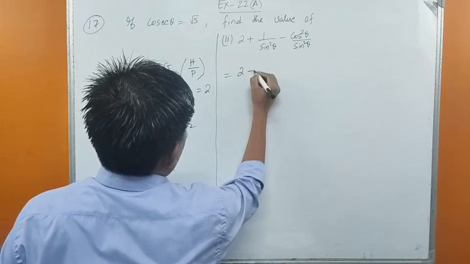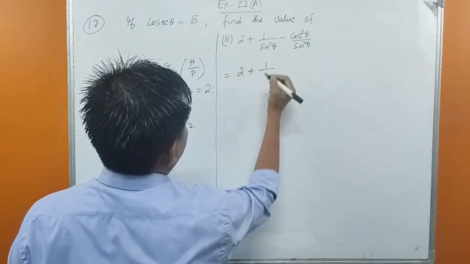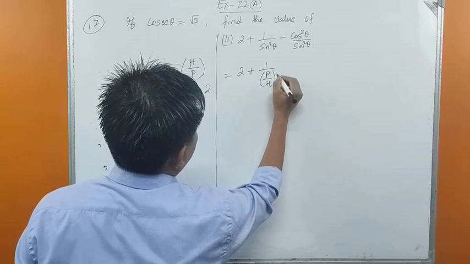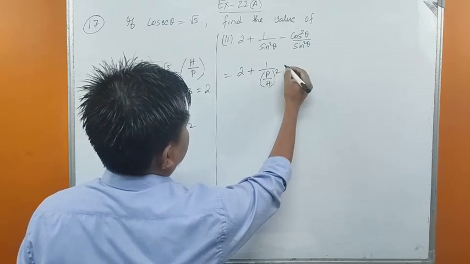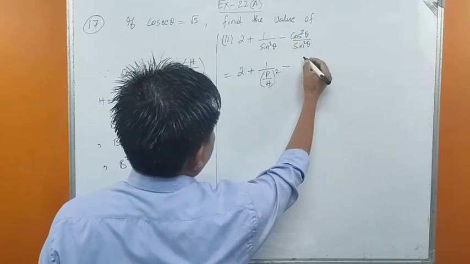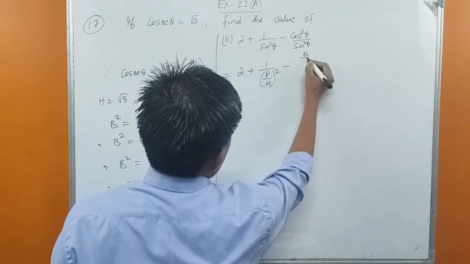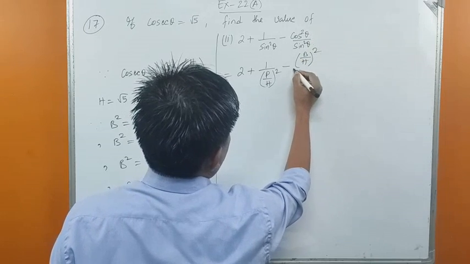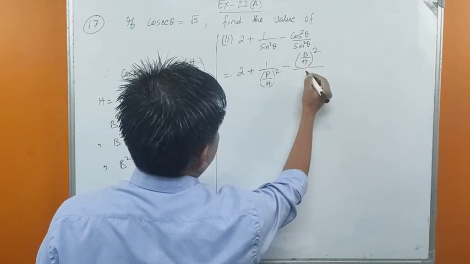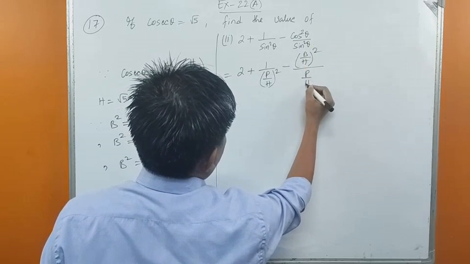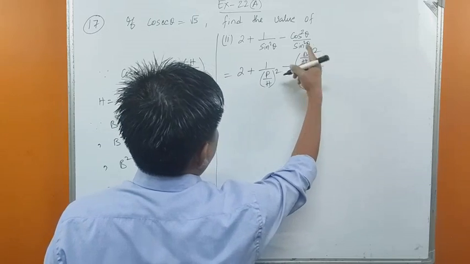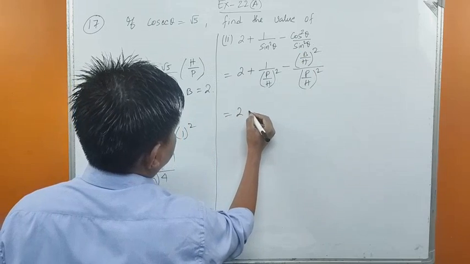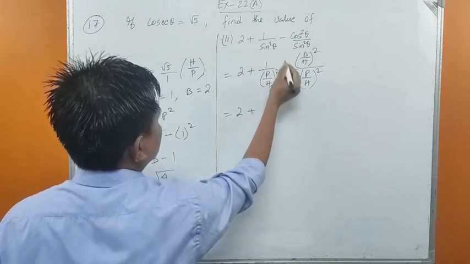2 plus 1 upon sine theta, which means perpendicular upon hypotenuse, whole squared. Okay, we write squared here, minus cos theta, which means base upon hypotenuse, whole squared, whole upon sine theta, which means perpendicular upon hypotenuse, whole squared, isn't it? We have squared here, so we must write squared. So 2 plus, now this hypotenuse goes to the numerator.